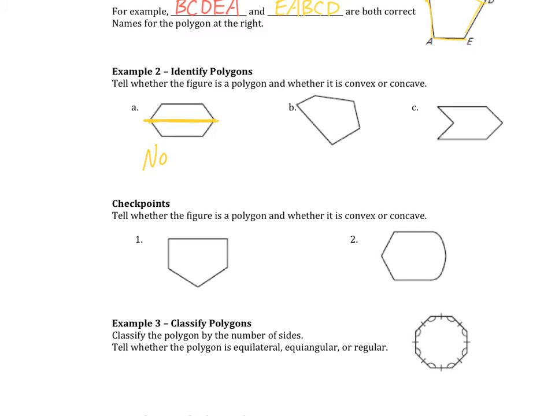And notice that at this blue point, there are 3 lines that intersect. To be a polygon, only 2 lines intersect at each vertex. The next one is yes, and this is convex, because there are no dents. And the last one is no, and this one is concave because of this dent right here.